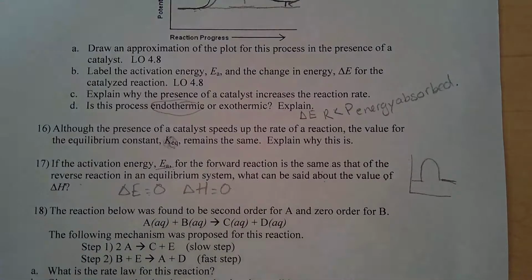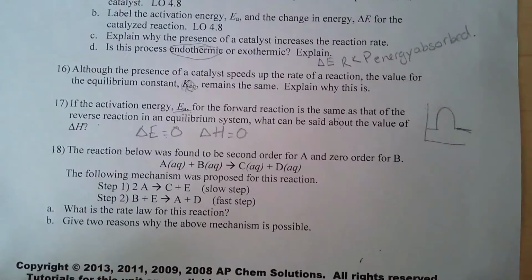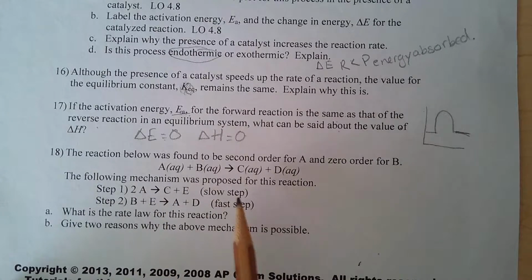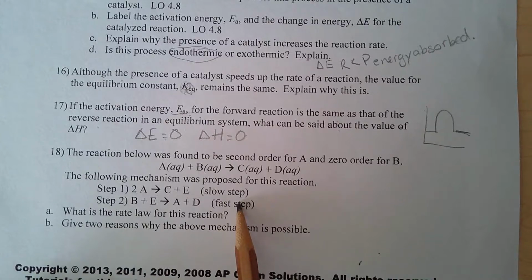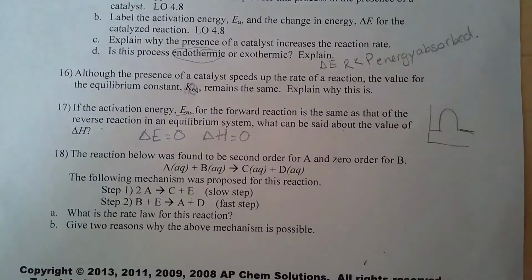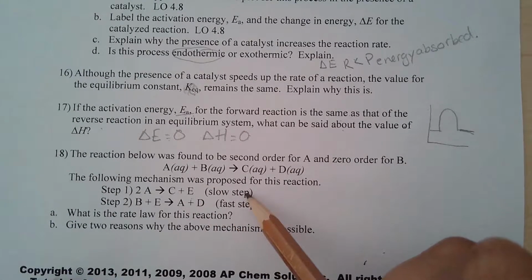And finally, question 18. The reaction is found to be second order for A, 0 order for B. The mechanism proposed for this reaction is 2A results in C plus E, then B plus E results in A plus D, where step 1 is your slow step and step 2 is your fast step. What's the rate law for this reaction? So it's looking for the overall rate law. We have to go to our slow step.